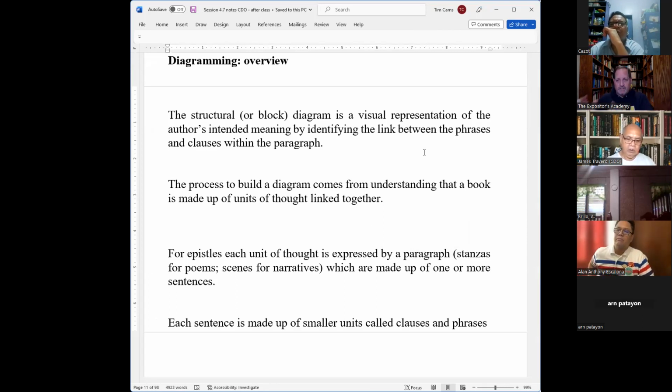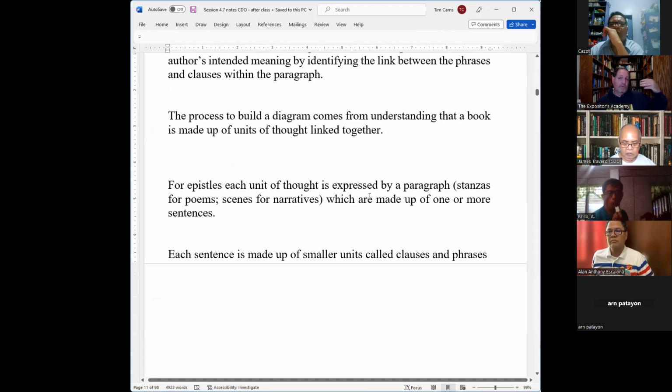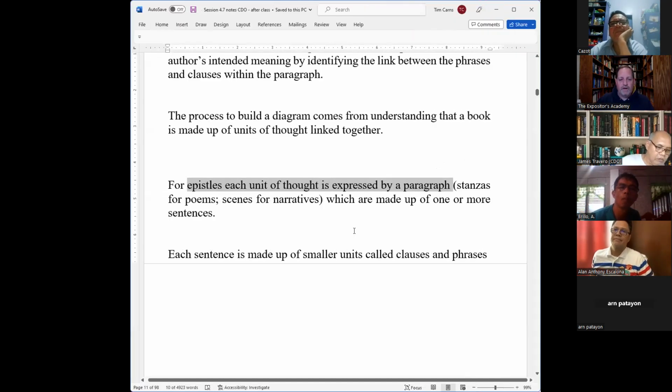Each unit of thought is a stanza. If we're looking at a narrative, each unit of thought is represented by scenes within the narrative. For an epistle or a sermon, an instructive portion of scripture, each unit of thought is expressed in a paragraph.